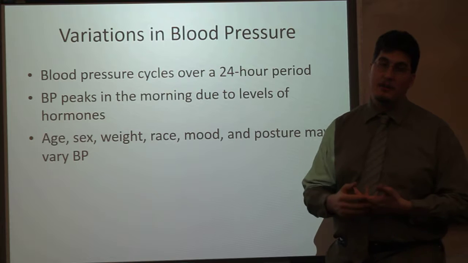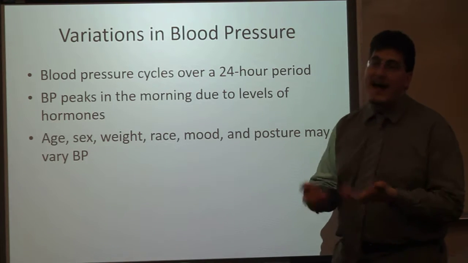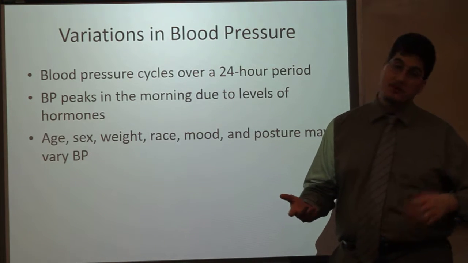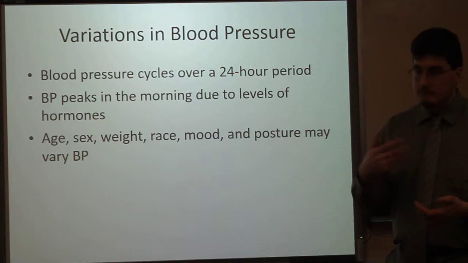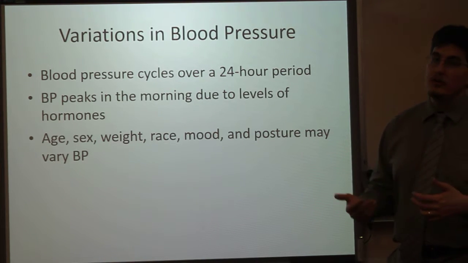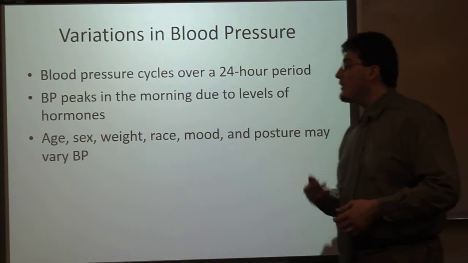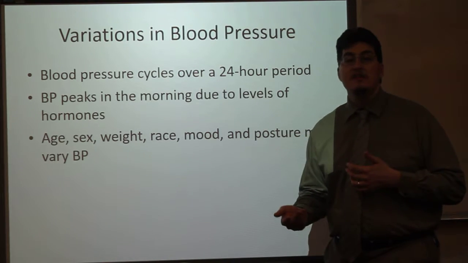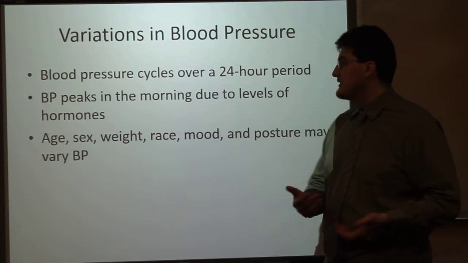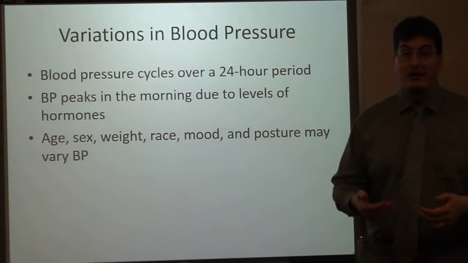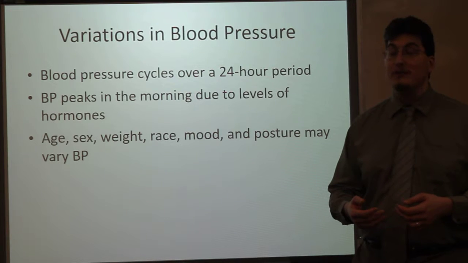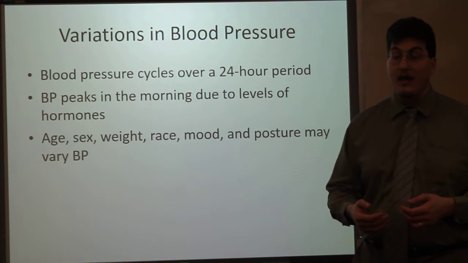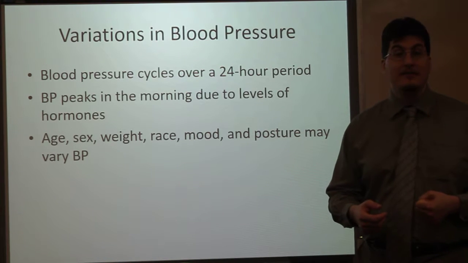Older people tend to have higher blood pressures. Your sex. Males tend to have higher blood pressures than females. Your weight. Larger people, obesity tends to be correlated with higher blood pressure. Race. Certain races have higher blood pressures than other races. Mood. Anger will raise your blood pressure really, really fast. So keep that in check, Internet.